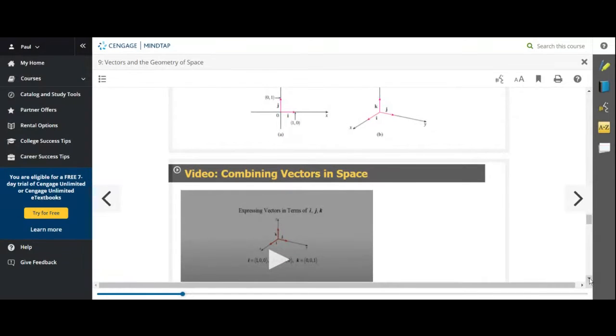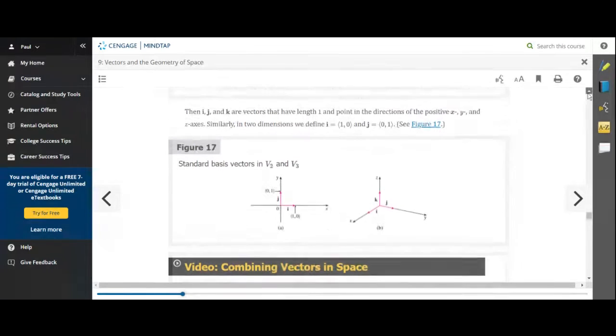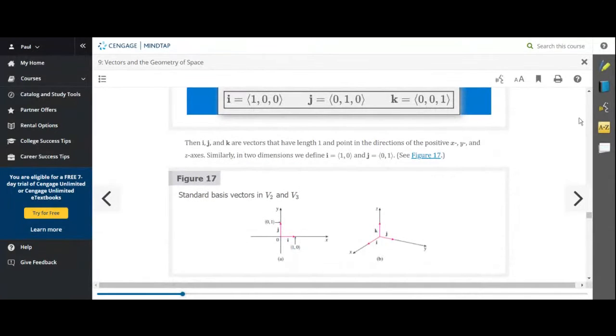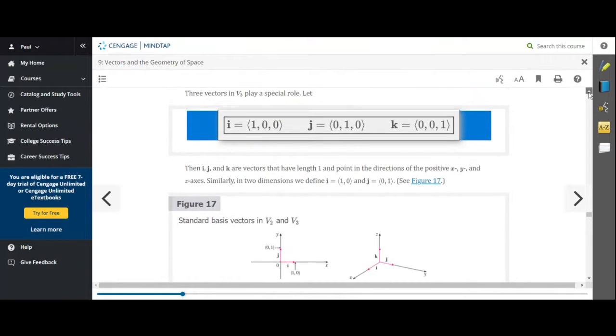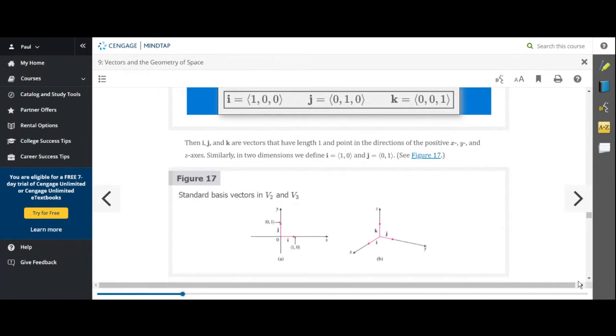So, for instance, in Figure 17, they show the standard basis vectors for 2-dimensional and 3-dimensional space. I always like to see pictures. Helps me. All right, there's Figure 17. And are there any questions so far?